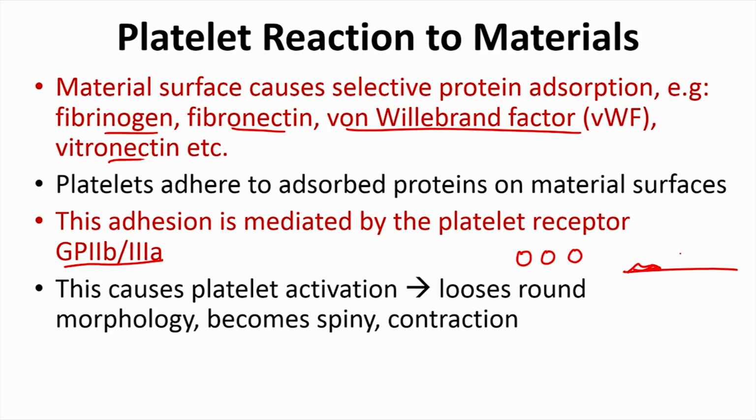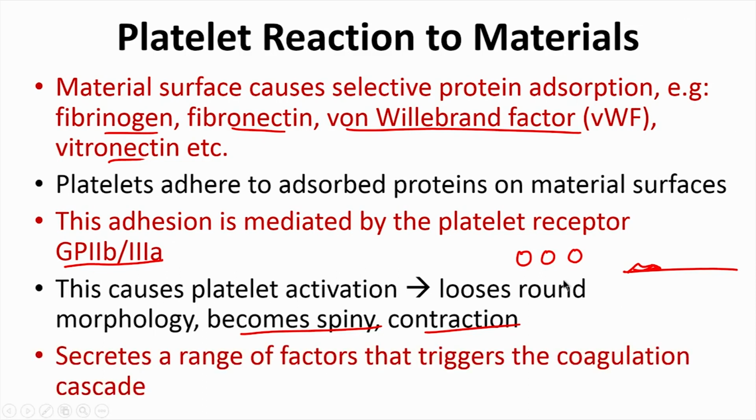They become more spiny, they start to contract, their morphology changes by quite a bit, and then they start secreting a range of factors, lots of enzymes, that start the cascade of the polymerization of that polymer, the fibrin mesh that I was referring to earlier. That is going to cause this mesh to form and the blood to start clotting on that surface.